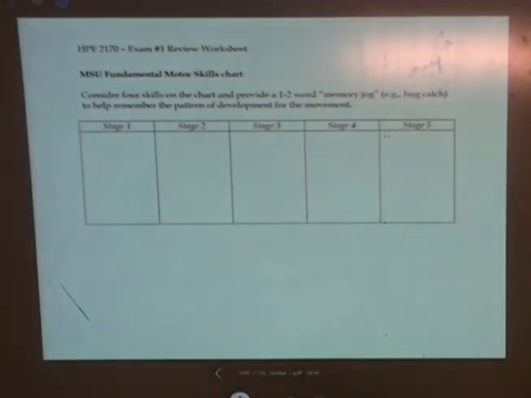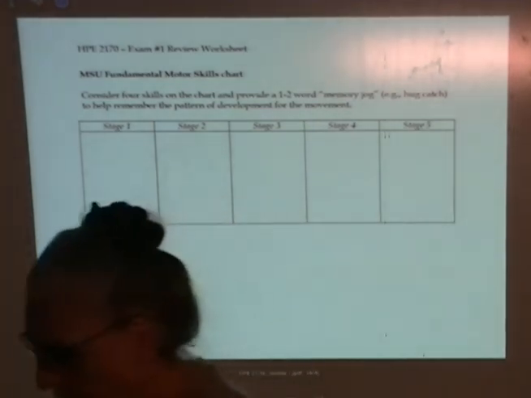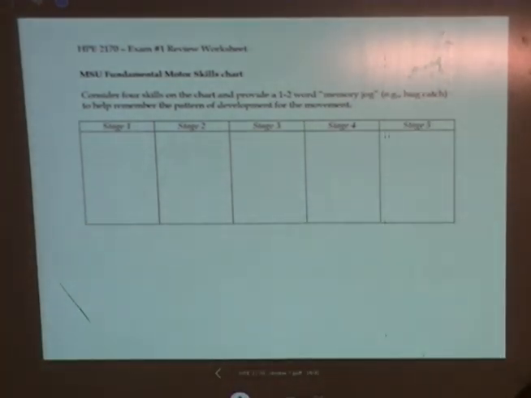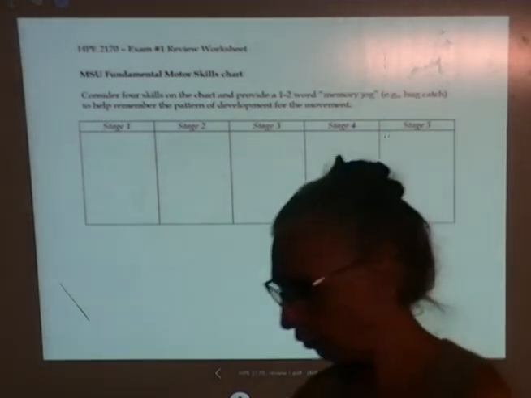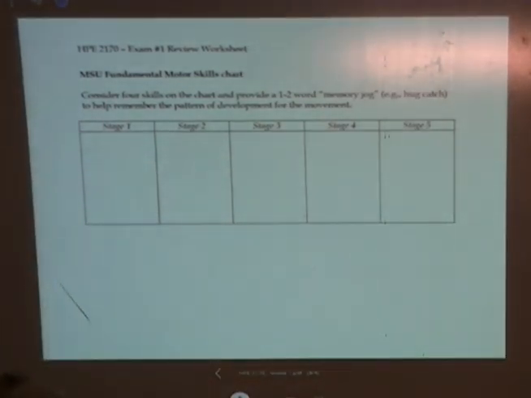Hold on. Why am I trying to remember this when I have the book right here? Hang on. They've moved the chapters around in this textbook, so I can't remember them. Okay, chapter 5, chapter 6, chapter 7 has the movement skills.